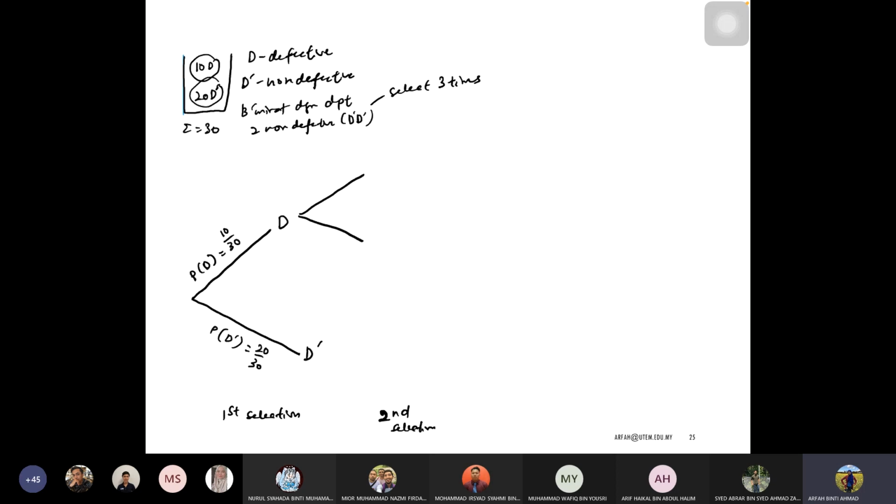So letak dekat tepi. So nak ambil kali kedua, dia akan ada dua kemungkinan, dapat defektif atau non-defektif. Sebabnya dekat dalam box tu hanya ada dua, defektif dan non-defektif. So dia akan jadi conditional probability. Yang ini kebarangkalian dapat defektif given that kali pertama awak dapat defektif. This is probability of D given D.